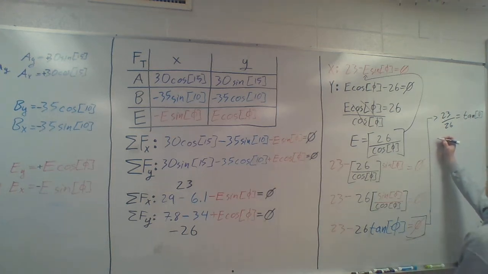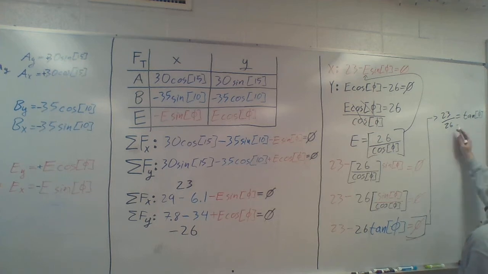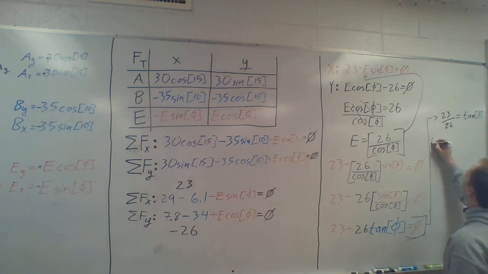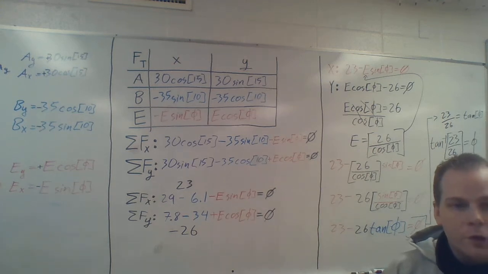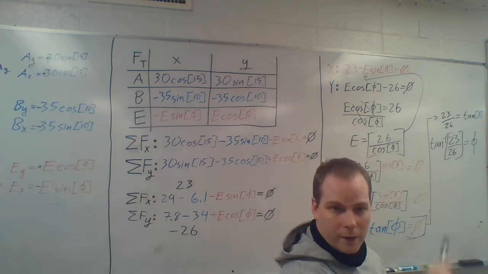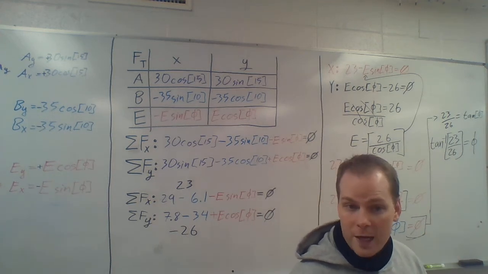So I'm going to shift this over a little bit to try to make it easier. And then we take the inverse tangent of both sides. So tan negative 1 of 23 over 26 equals phi. So you plug this into your calculator, and it gives you phi.